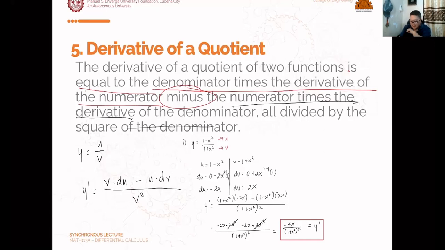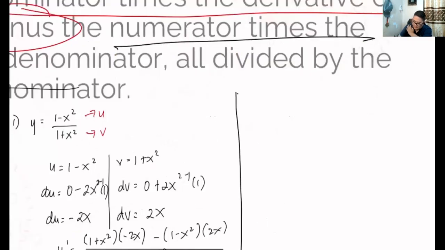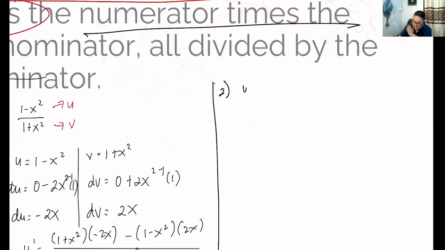Okay? Paano naman kapag halimbawa yung numerator natin is a constant, no? Okay, so maglagay tayo dito ng example. Let's say y is equals to 4 over 1 minus 5x squared. Okay, so pag inano natin yung formula, u natin, ito yung v natin.